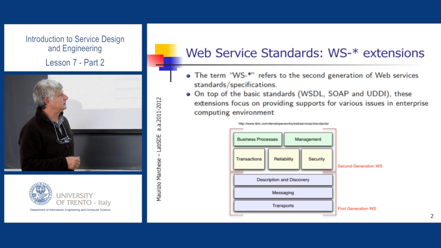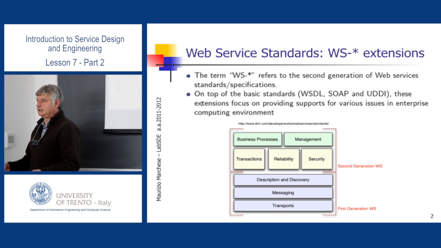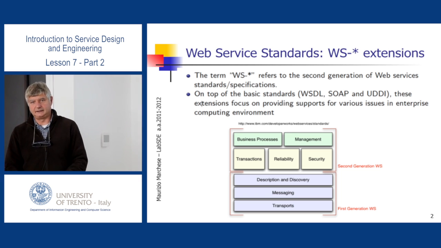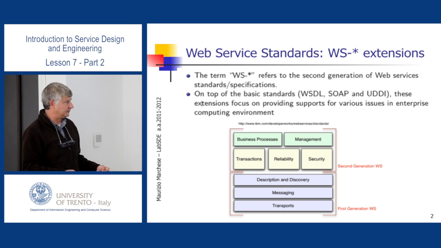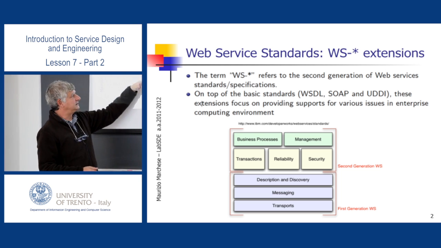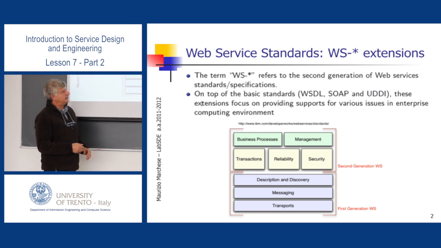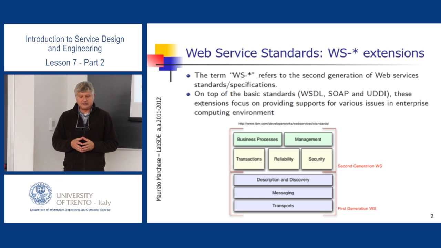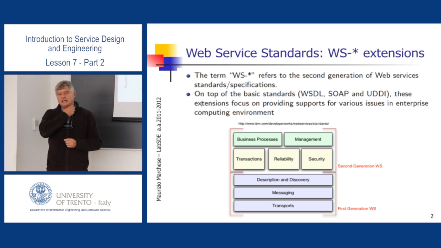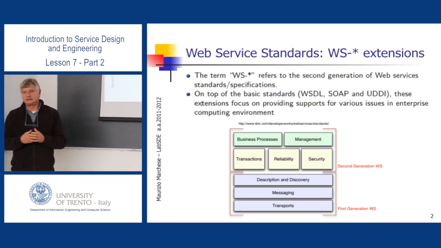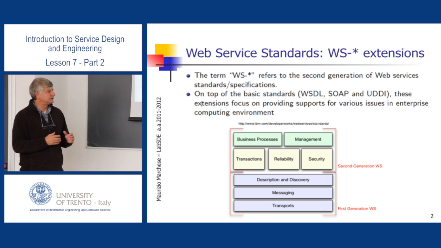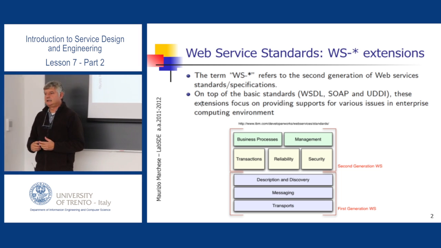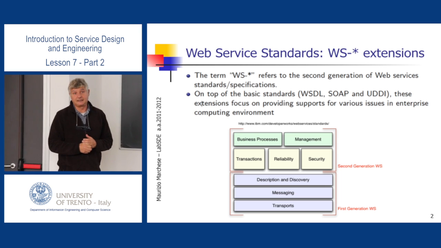Now, the first generation has been very stable and has tackled the fundamental problems of transport, messaging, description, and discovery. The second generation has tried to provide support for various issues. And it's interesting, I think, this kind of structure, because essentially it has quite a large degree of flexibility.